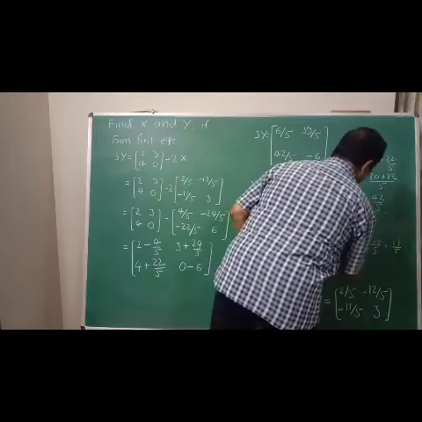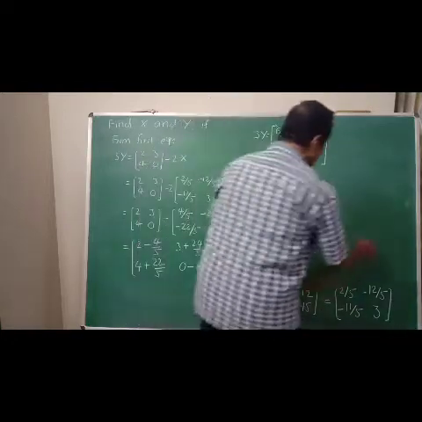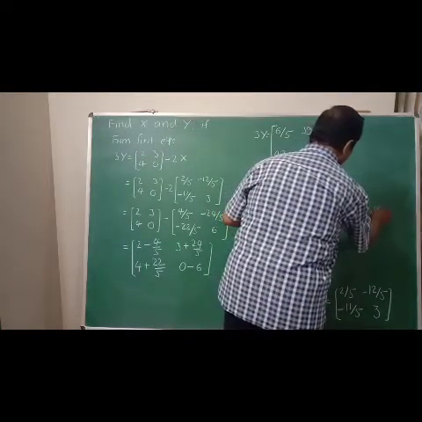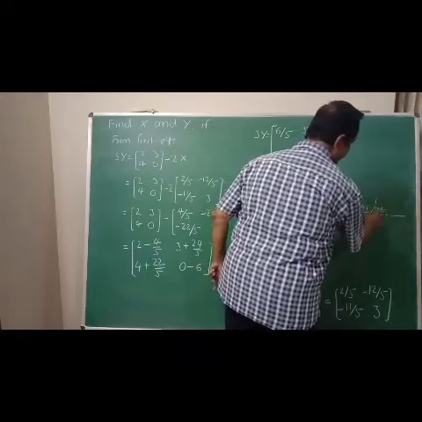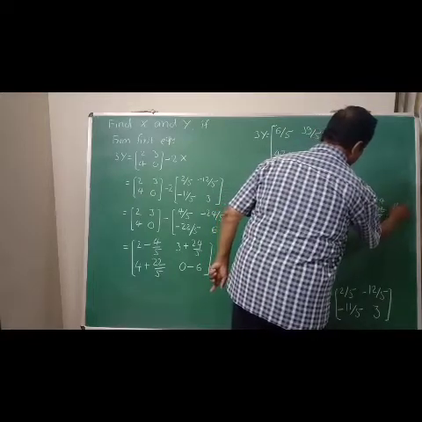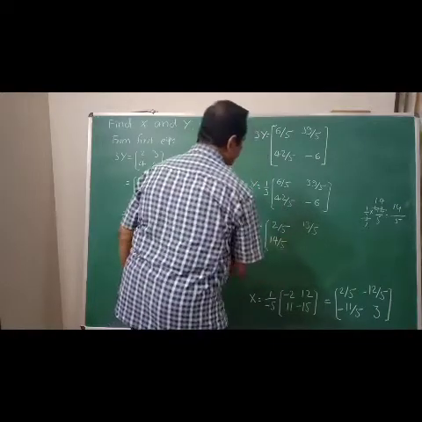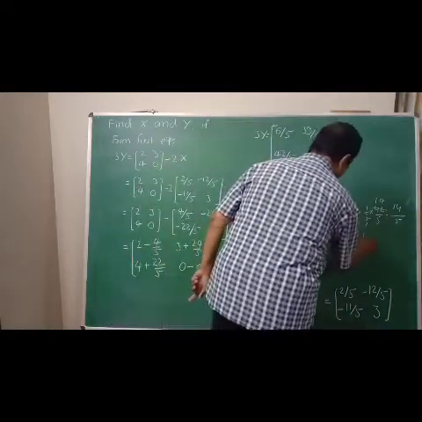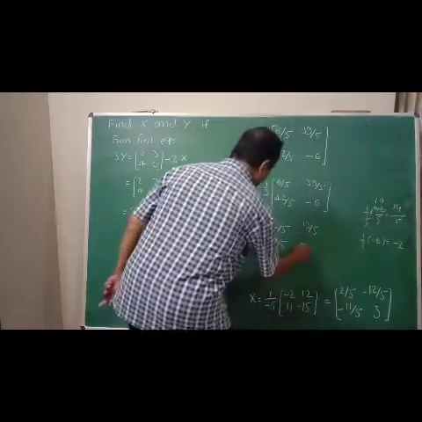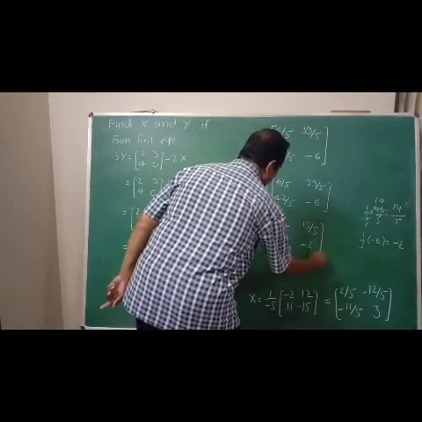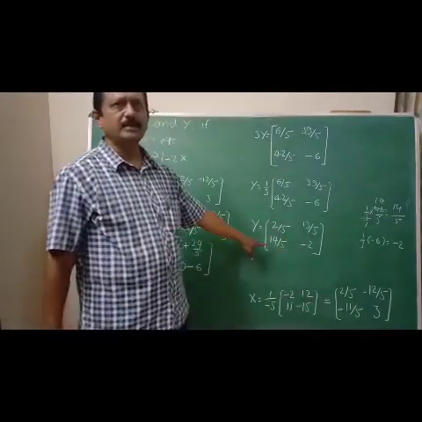Then 1 upon 3 into 42 divided by 5: 3 14s are 42, so it is 14 divided by 5. Then 1 upon 3 into minus 6: the 3 cancels with the 6, so it is minus 2. So x is equal to this required matrix, and y is equal to this required matrix.